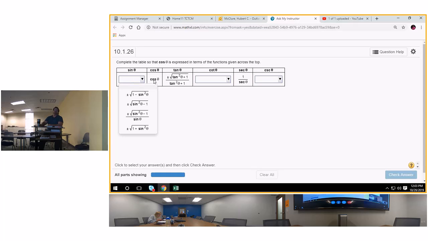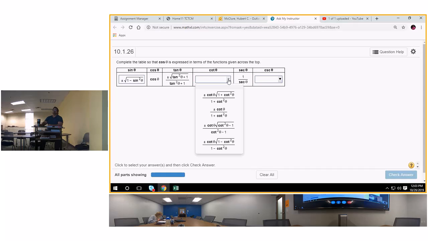Use the Pythagorean identity to rewrite cosine in terms of sine. So you just use your Pythagorean identity, which is probably this one right here. Then it looks like they're using sine over cosine, or cosine over sine?